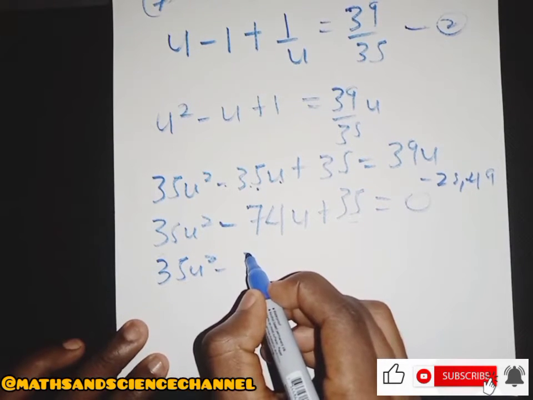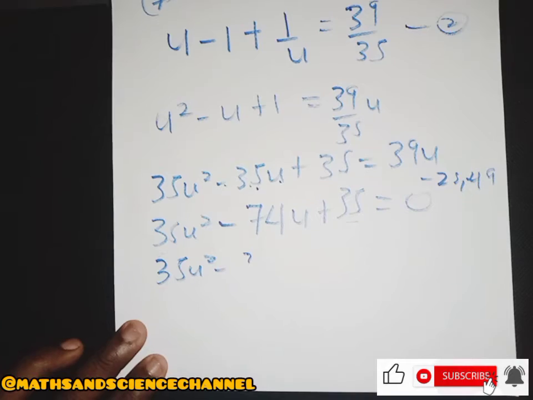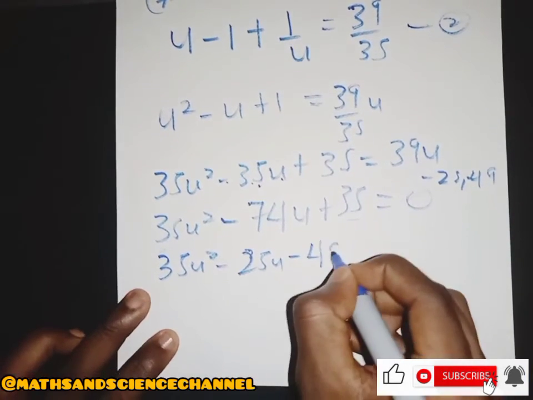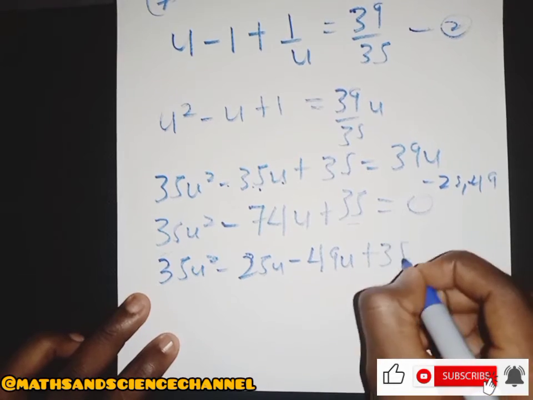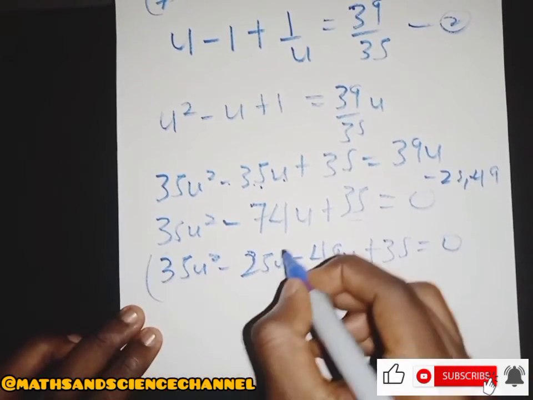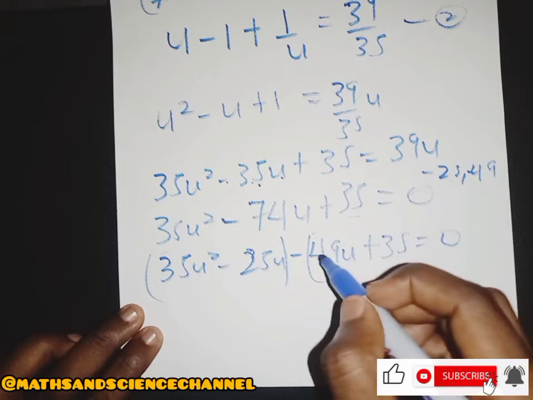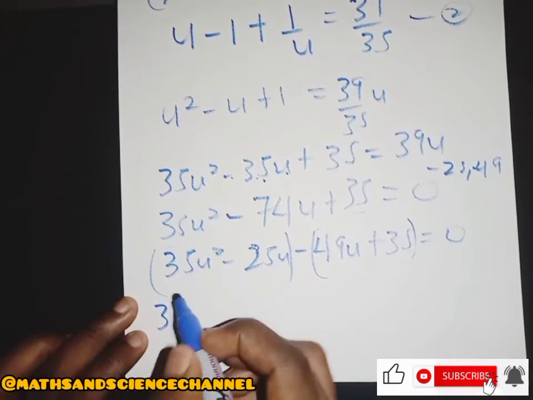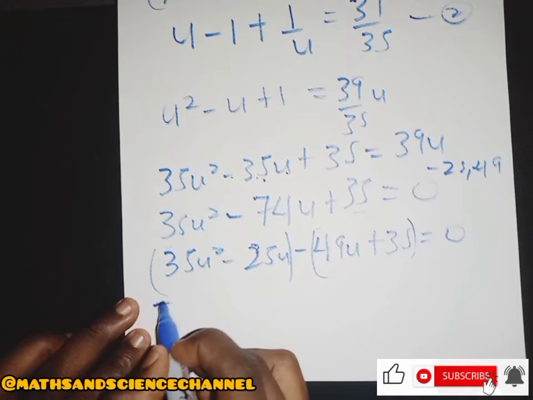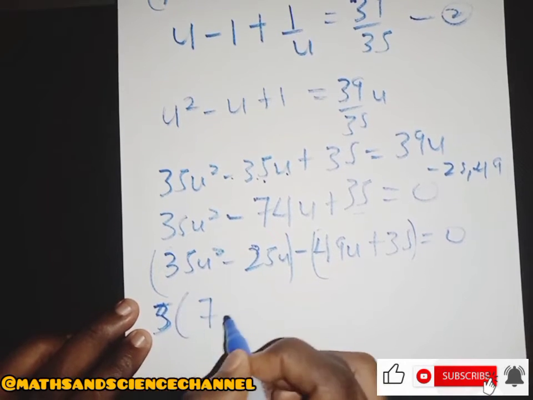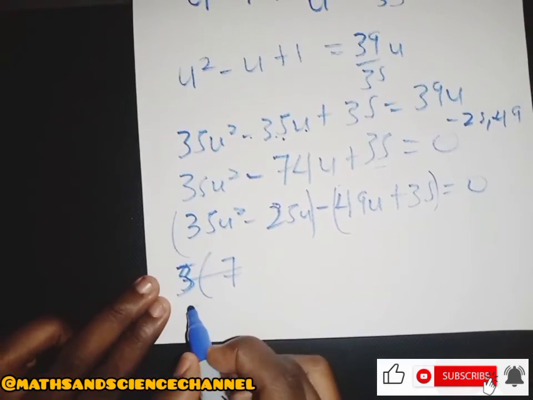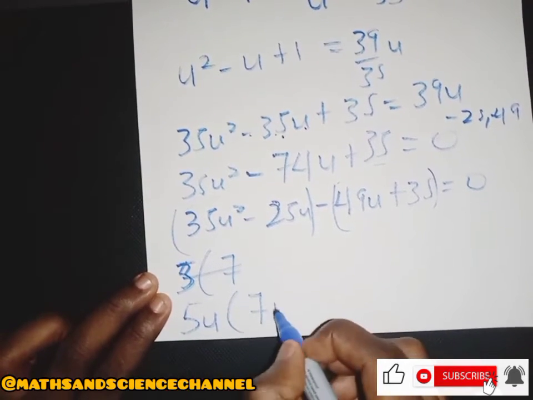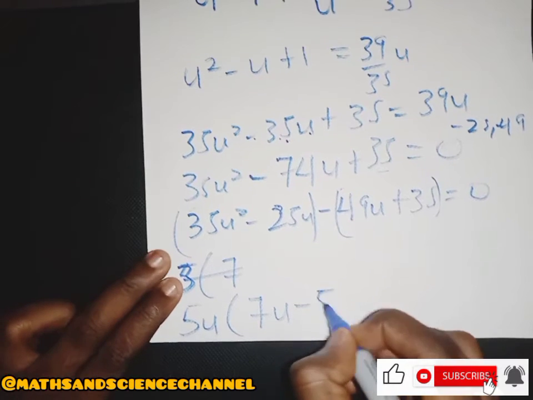So we replace it here. We have 25u and then negative 49u plus 35 being equal to 0. We take this and that, and then also this. We have 35, so we can factorize 5 outside, then we have 7. Factorize 5 and then u outside, so we have 7u plus 5 here.